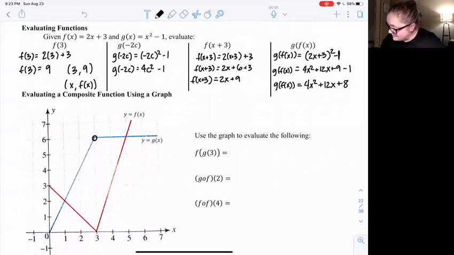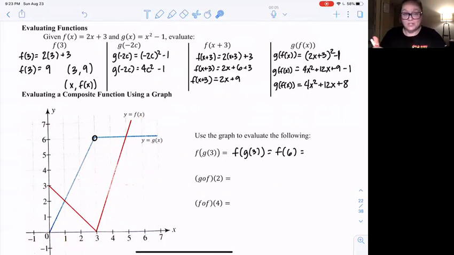And so I have f of g of 3 is equal to f of 6, which is equal to, so now you're going to go to the other graph, f of x, the red one, and look: what happens when I go to this x value of 6? I go all the way up. It doesn't look like I have my function there.